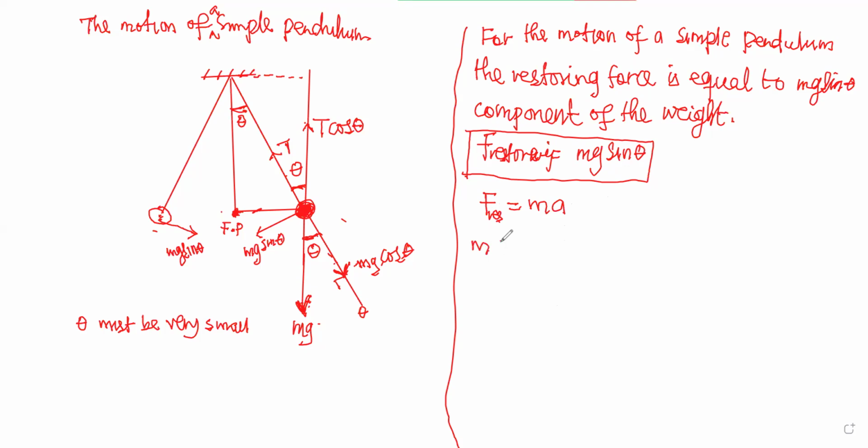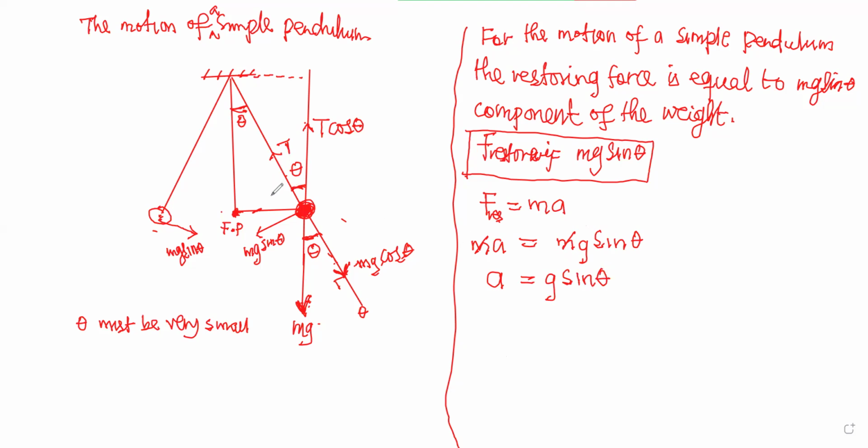So ma is equal to mg sine theta. Okay. Masses will cancel out. And so we have the acceleration a equal to g sine theta.